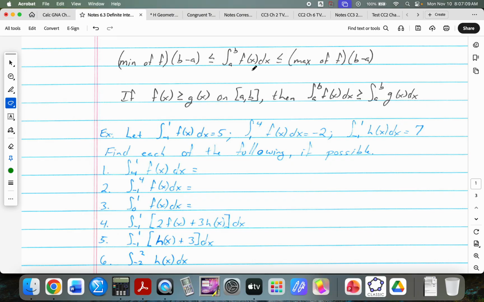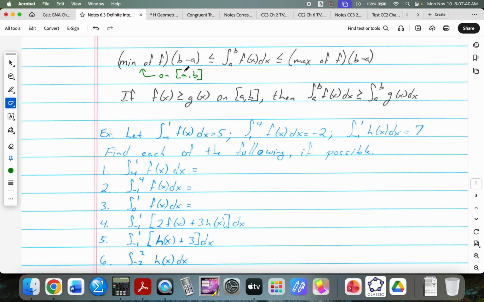This one, you occasionally get asked questions about this, but if you know the minimum value of a function on the closed interval from a to b, not just over its whole domain, and you multiply that times b minus a, you're taking the least height and multiplying it times the width.